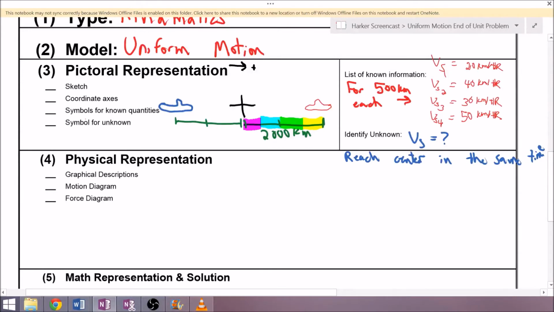Okay, I'm going to go ahead and draw the motion map first. And for the red sub, it goes the first 500 kilometers relatively slowly, so that will take a long time. Then it does the next 500 kilometers twice as fast, so only half the time.